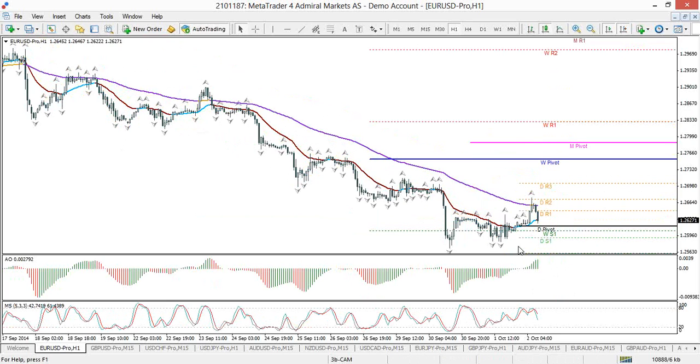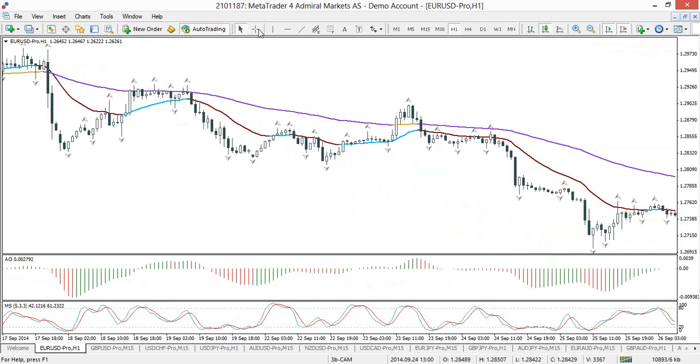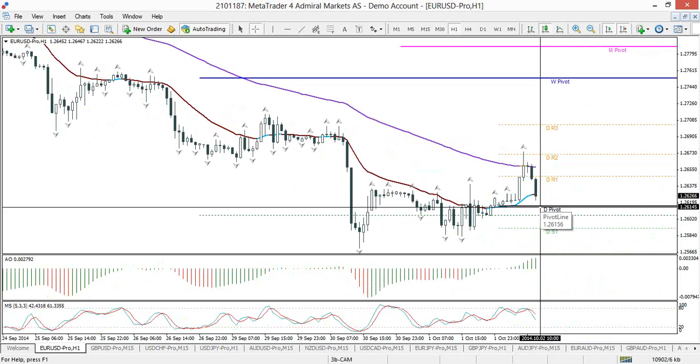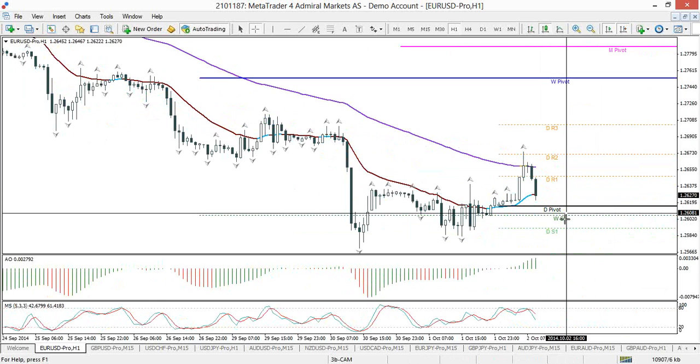Now, I'm not interested in the euro dollar at all, by the way, just to emphasize, but if it would be a normal day, maybe you are interested, I don't know, it depends on you. So I'm not interested in a bounce at the daily pivot point. But if price breaks through it after bouncing, it could be different.